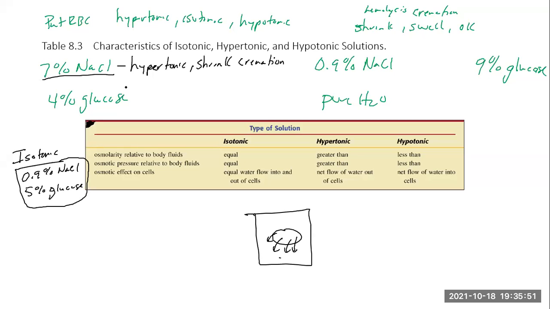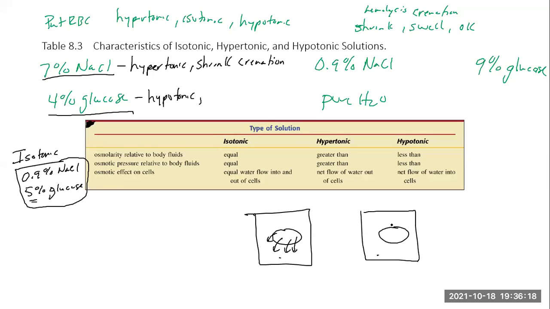Let's go with 4% glucose. So for glucose, our isotonic is 5%. So 4% is less than 5, which means it is hypotonic. Again, what that means is in this particular case, outside the cell is less concentrated than inside the cell.